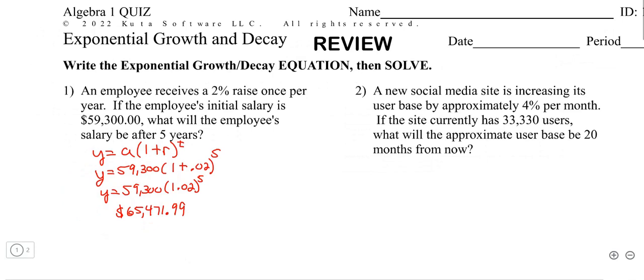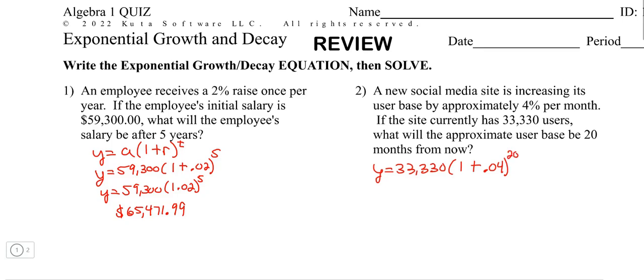It says a new social media site is increasing its user base by approximately 4% per month. If the site currently has 33,330 users, what will the approximate user base be 20 months from now? So again, this is an increase. So we're going to have y equals a is 33,330 times 1 plus 4% as a decimal is 0.04, and our time here is measured in months, so we're looking for month number 20, so our exponent is 20.